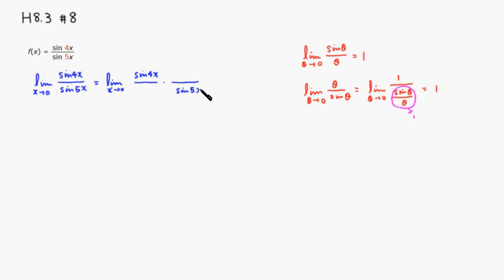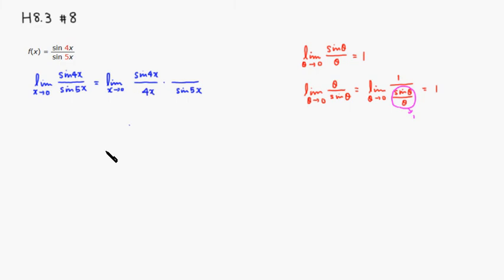So far, nothing really changed. In order to use this limit, we have to have the same angle, so we would like to have 4x here. So I'm going to put the 4x.